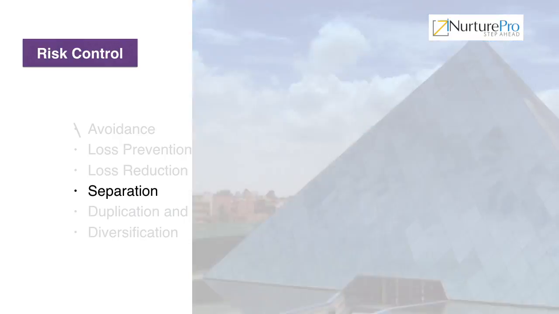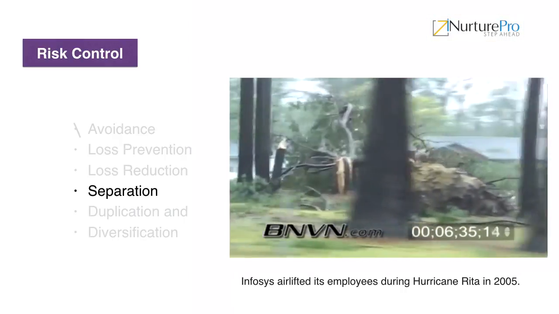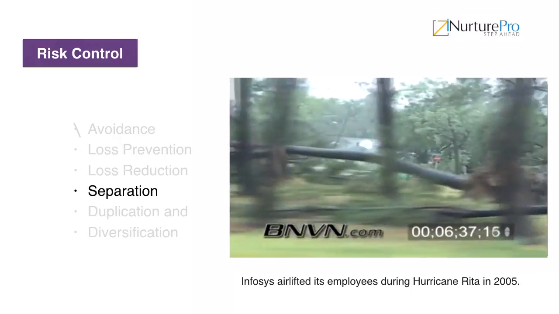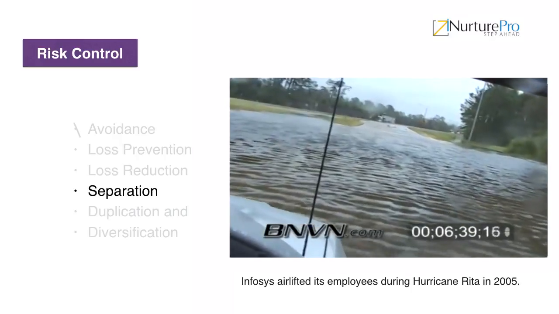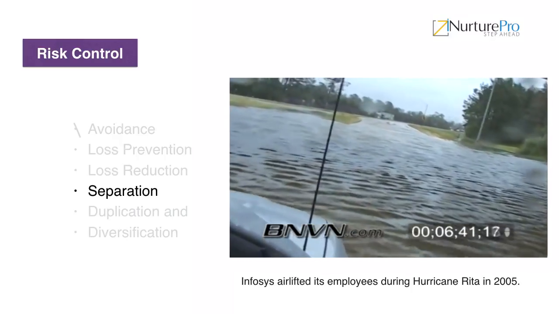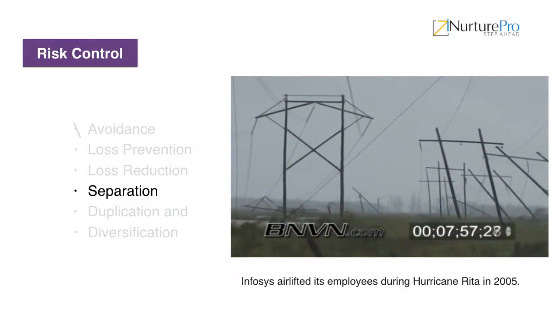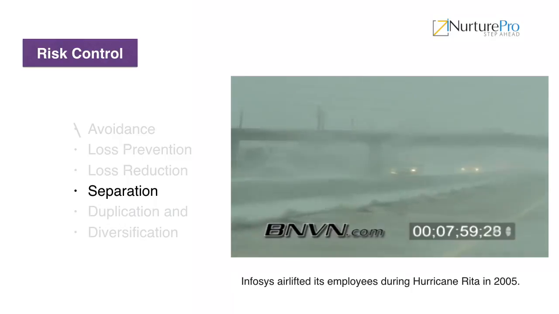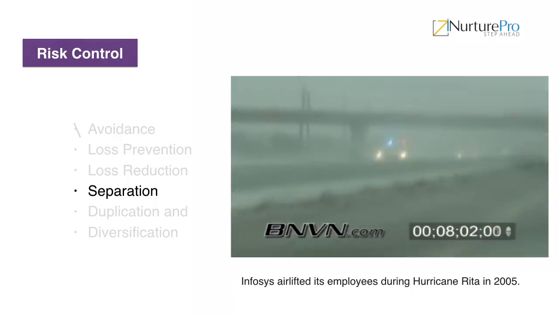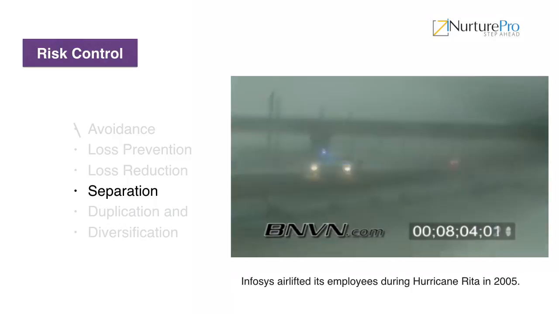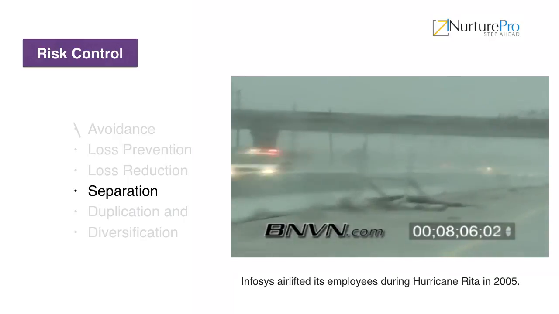Infosys is an IT major which has its operations across the globe. When Hurricane Rita was about to hit Texas, Infosys airlifted its employees from Houston to other safer counties as part of their disaster recovery plan. Their operations were shut down in Texas and were resumed by their employees from other safe locations. This way, business continuity was ensured, hence minimizing losses.